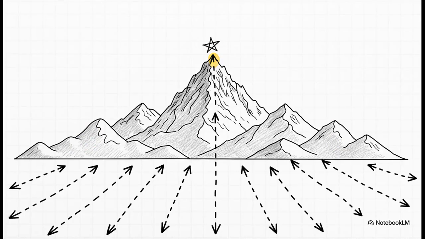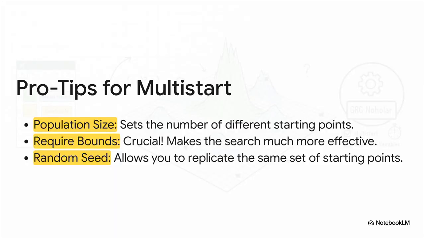So how do we hunt for that global optimum? How do we increase our odds of finding Mount Everest and not getting stuck on some smaller foothill? Well, lucky for us, Excel gives us an incredibly powerful feature for exactly this. It's called the multi-start option. Think of multi-start as sending out a bunch of different teams of climbers, all starting from different places on the mountain range, all trying to see who finds the highest peak. Population size is just how many teams you sent out.